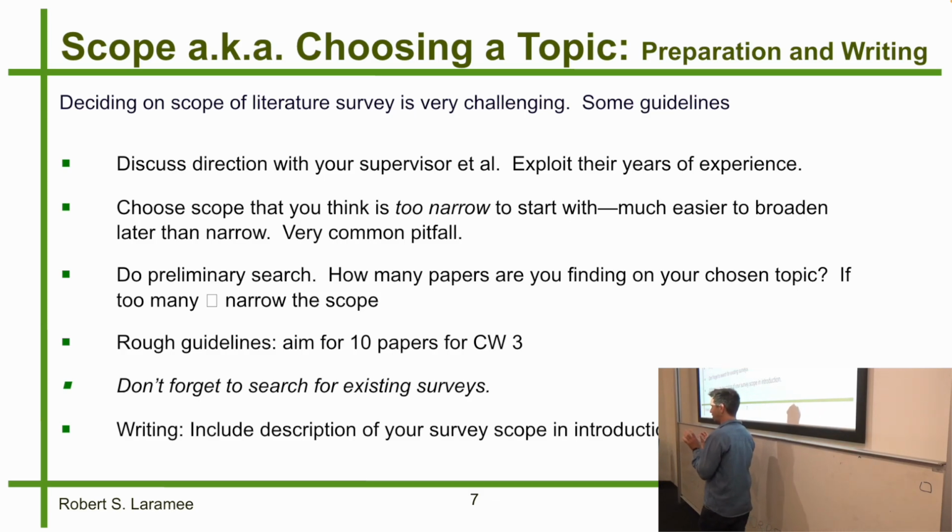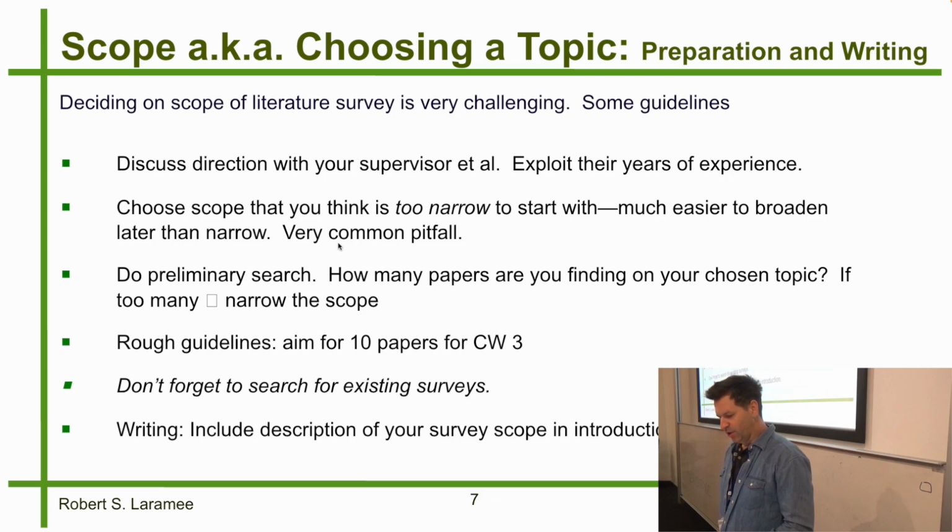You have those three topics combined as a more narrow focus. And by the way, you can ask me, you can say, Bob, I have this idea for a literature survey. Is it too broad, or is it a good, narrow enough focus? And I'll give you my opinion.